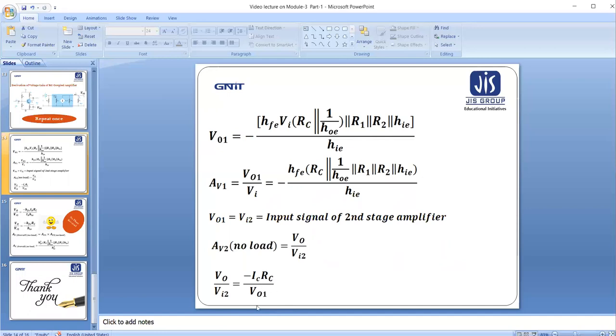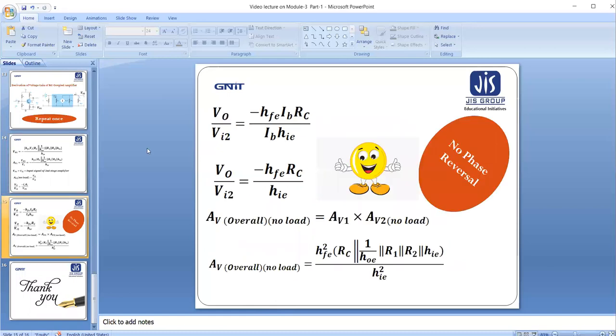But when we are looking into the second stage, it is nothing but the base current into base resistance, because R1, R2 are combined with the first stage. So Vi2 can be written as IB into hie. IB is the input current for the second stage. hie is the base resistance for the second stage. So V0 by Vi2 equals minus hfe into RC by hie.